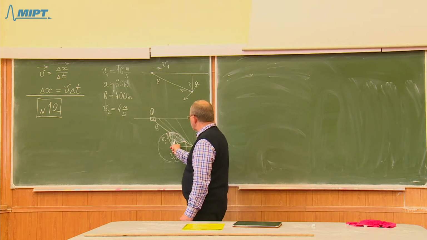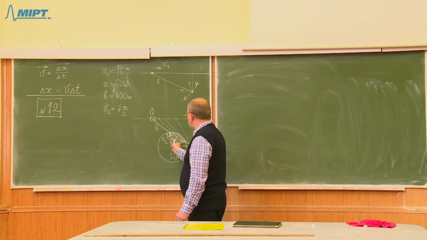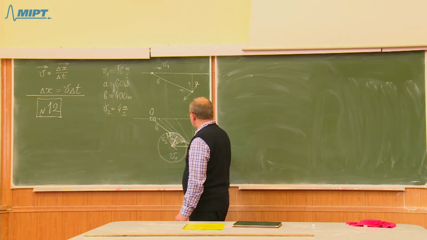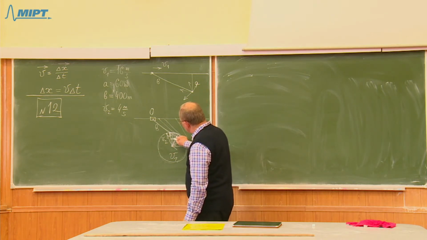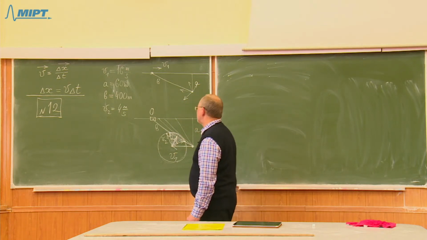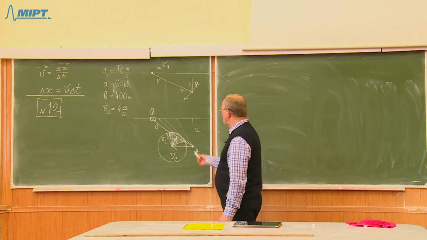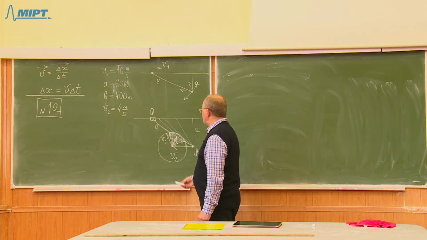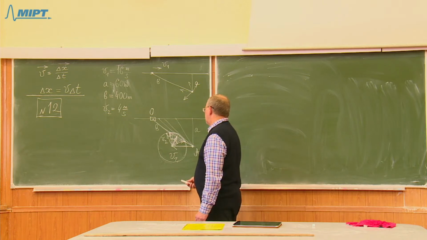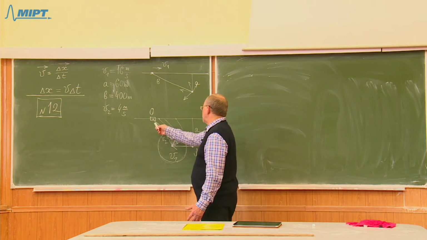If the man runs perpendicular to this line, then the length of this vector will be the minimum possible magnitude of velocity which is necessary to catch the bus.